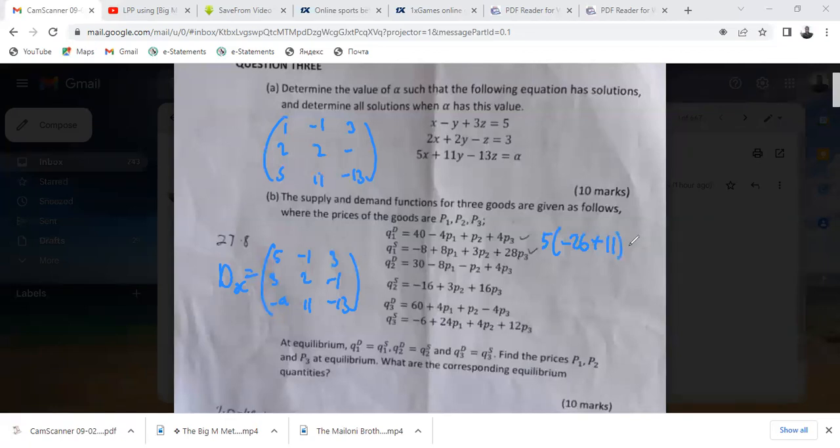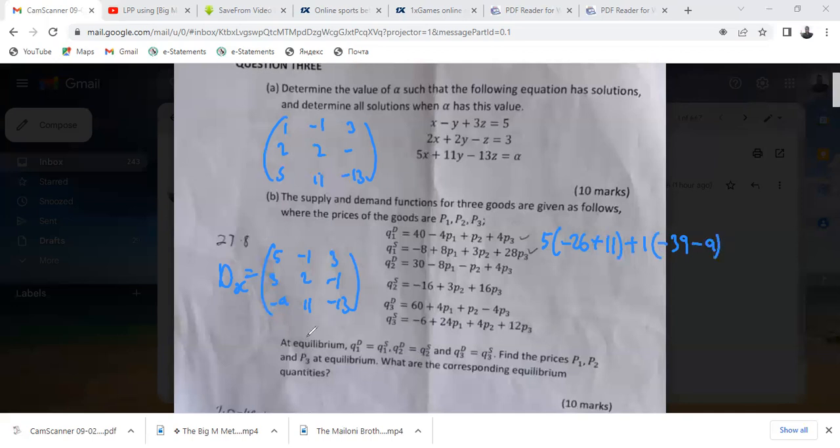Then plus, the next one will be plus, but because of this negative 1, it will turn out to be 3 times that, so negative 39. Then negative here times that will be positive, but because the sign is minus, it will be minus a, like that.